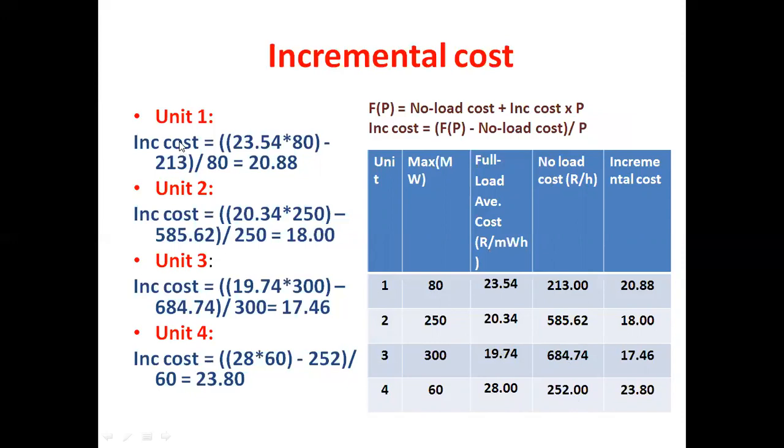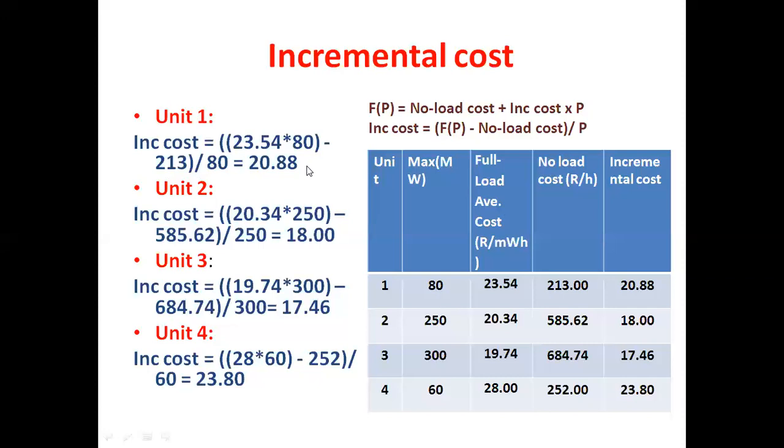So for unit 1, the incremental cost is 23.54 into 80 minus the no load cost 213, total divided by 80. So it is 23.54 into 80 minus 213 divided by 80, which gives 20.88.